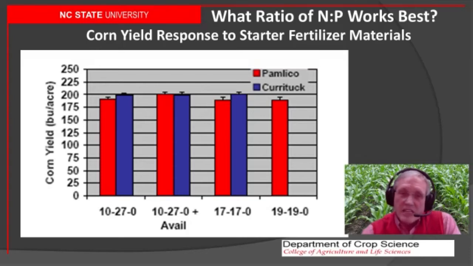Oftentimes that trailer sits out in the open for cool nights, and then I get some salting out from that 17-17 or 19-19, which then makes it difficult to apply that starter. I've got a problem. I can't get uniform distribution or application. 10-27 is much more stable.